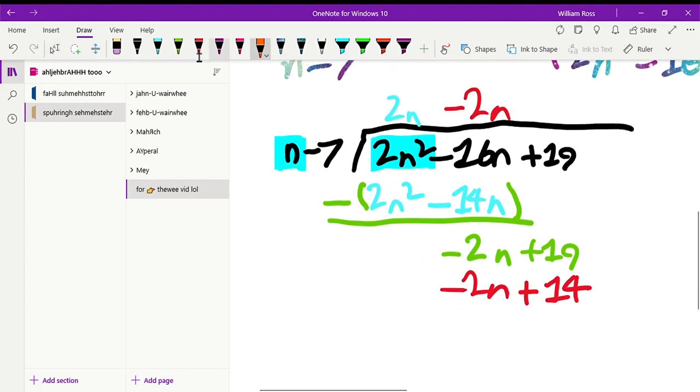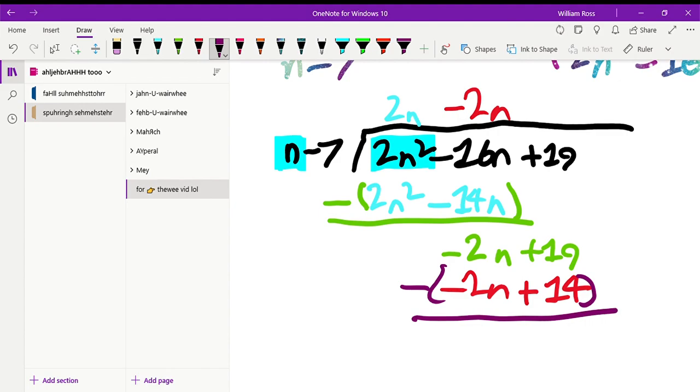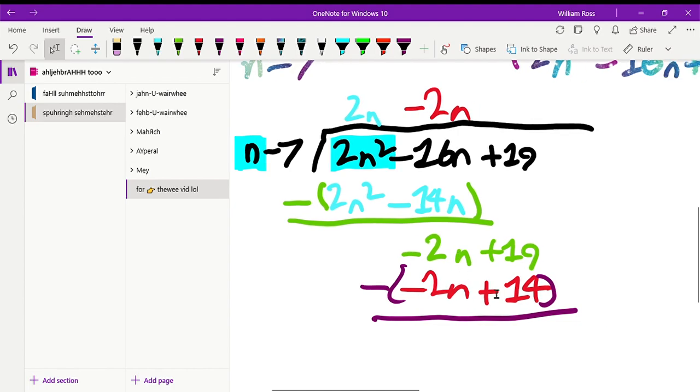Okay, then next these will be flipped. So now we have positive 2n minus 14. So of course these two would cancel out. 19 minus 14 is 5.